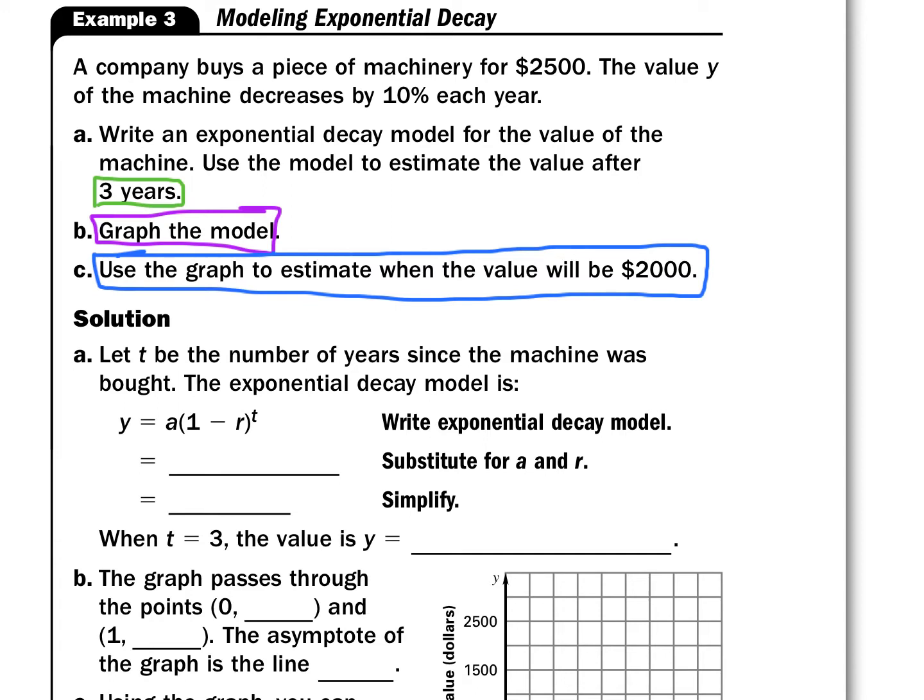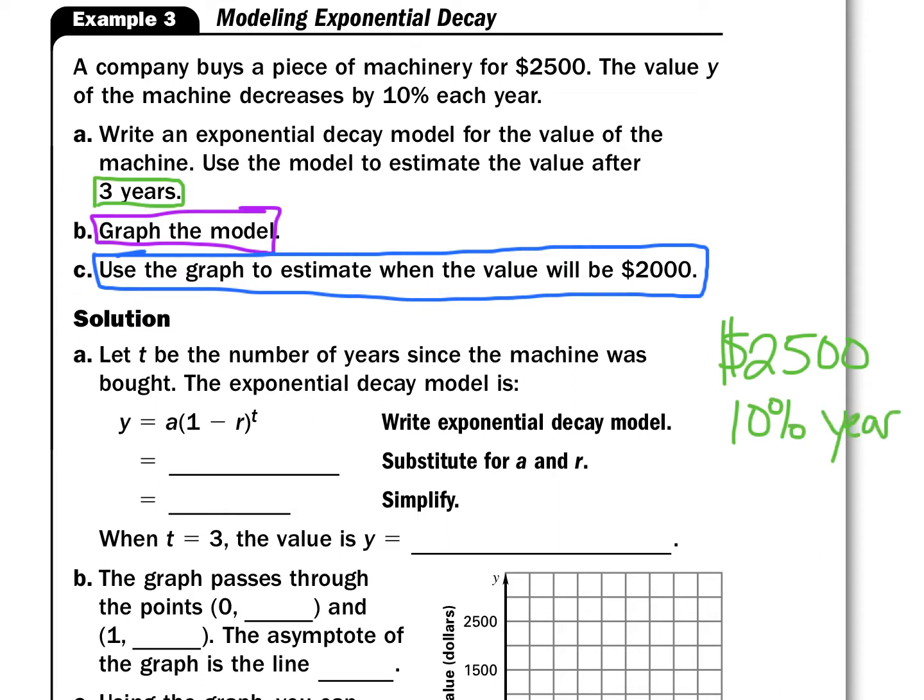Let's start off with A, and let's first get our information over here. The initial value of the machinery was $2,500. It's decreasing at a rate of 10% per year.